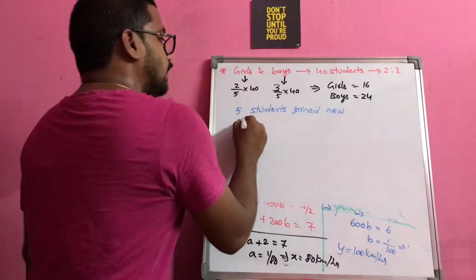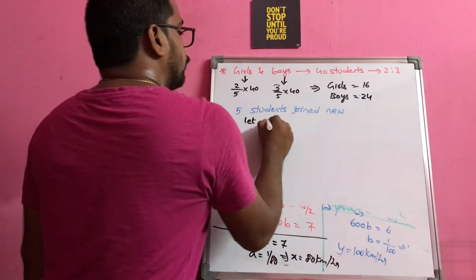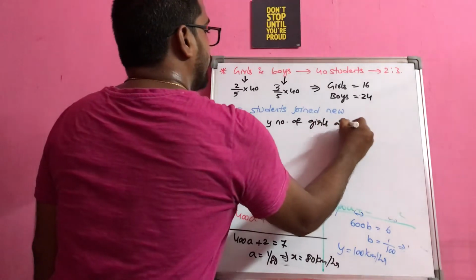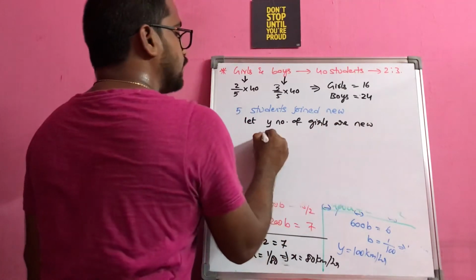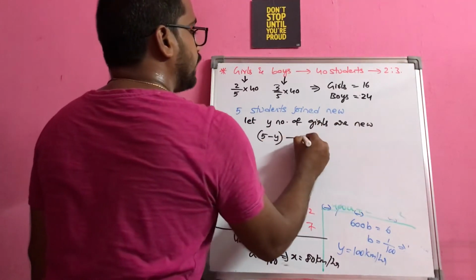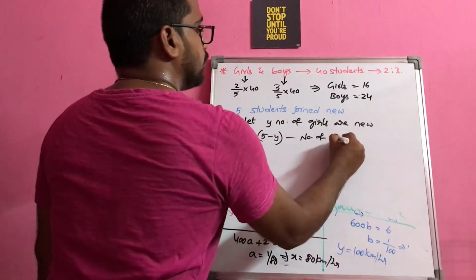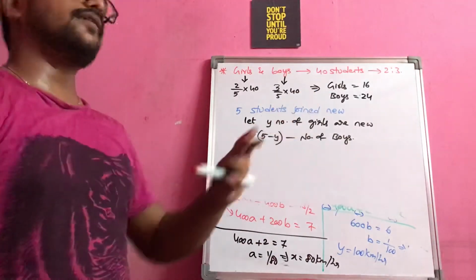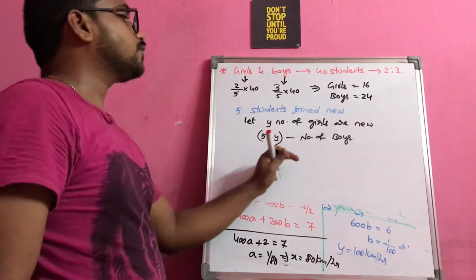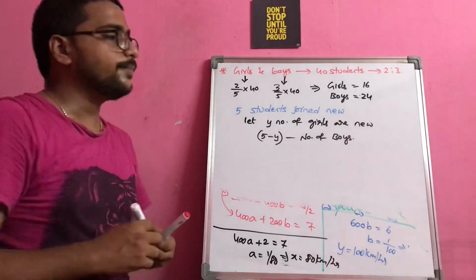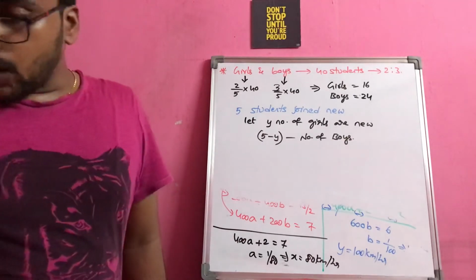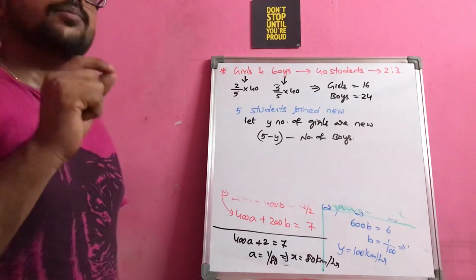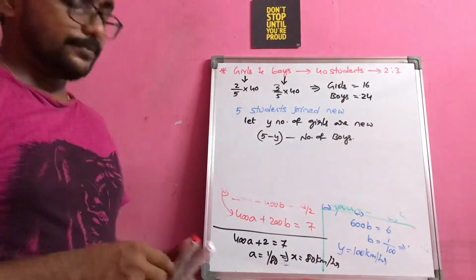So let us say y number of girls are new. So obviously 5 minus y will be the number of boys, because the total number of new students is 5 only. So when I say y is the number of new girls, 5 minus y will become the number of boys.